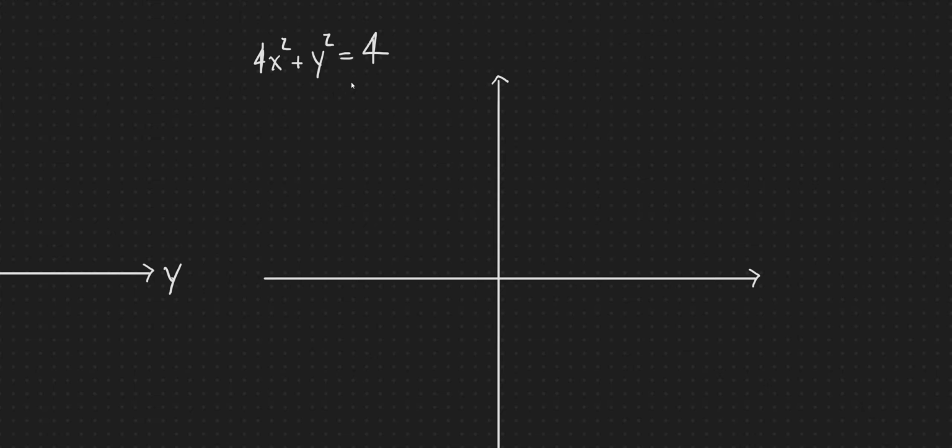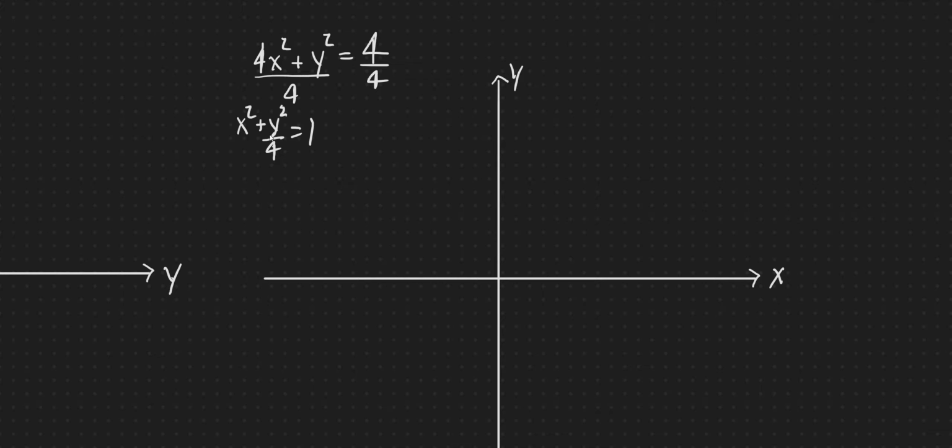And I want to get this into the sort of standard form that I showed you before. So what I'm going to do is I'm going to focus on this. In the standard form, this is a 1, and so I'm going to divide everything by 4. And when I do that, I get x squared plus y squared over 4 equal to 1. And now if this is my y-axis and this is my x-axis, along my x-axis I'm going to have plus or minus 1, right?